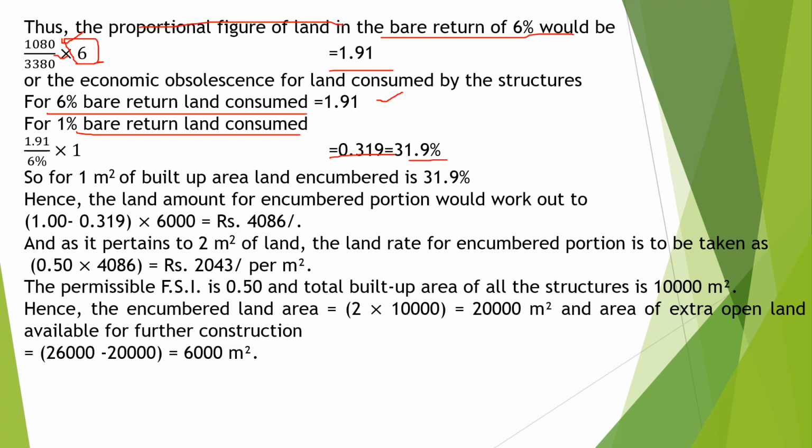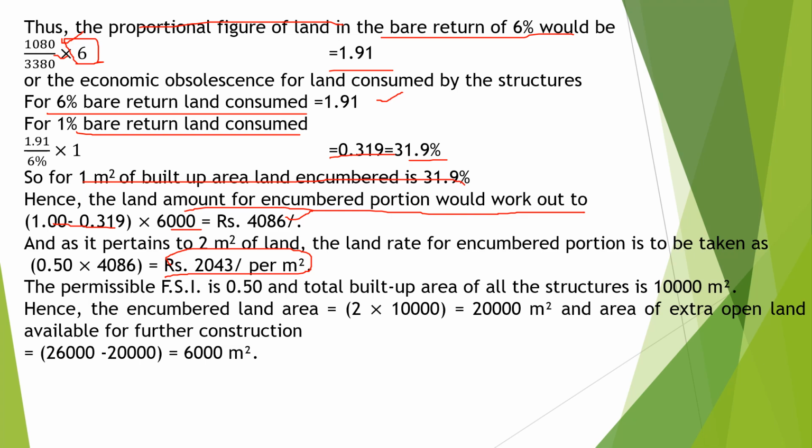So for 1 square meter of built up area, the land encumbered is 31.9%. Hence, the land rate for the encumbered portion works out to be 1 minus 0.319 into 6,000, that is 4,086. But this is for 1 square meter of building, where you need 2 square meters of land. So for 1 square meter of land, the encumbered rate will be 2,043.